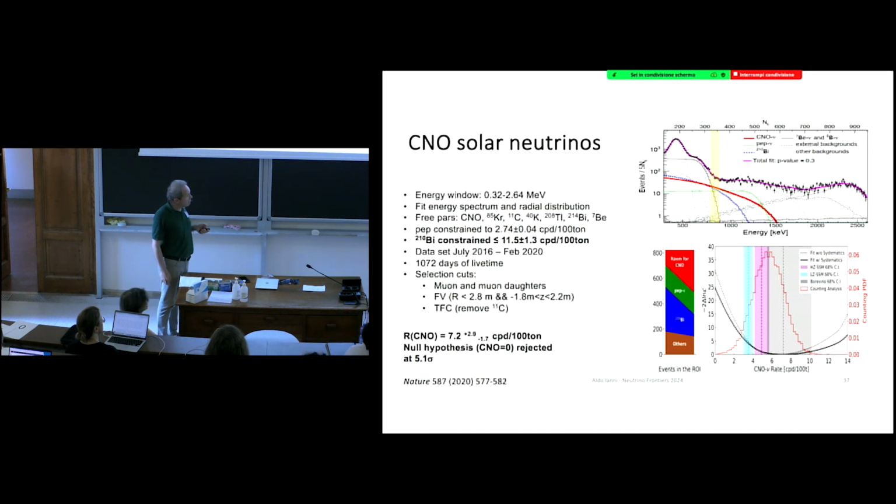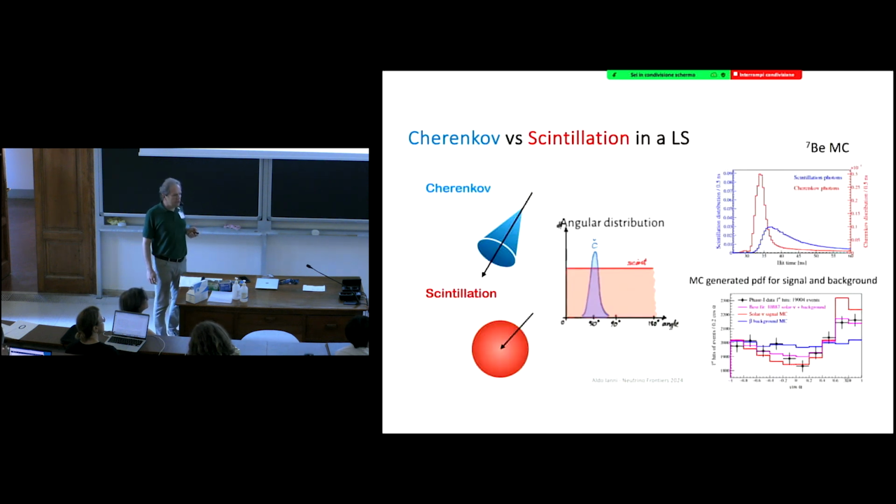But we did more, considering that, okay, if you are not really focusing on this beryllium constraint, you can think, okay, this is a weak assumption. And for that, we used the Cherenkov versus scintillation property in a liquid scintillator. Cherenkov light is produced very fast, picoseconds, and it's directional.